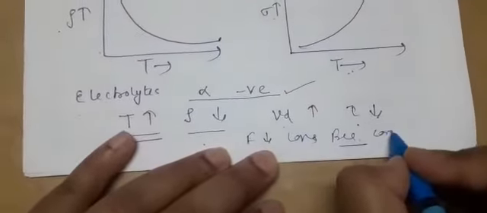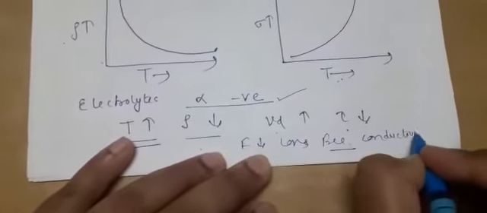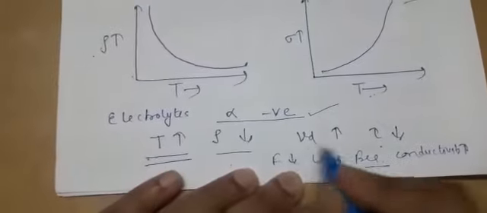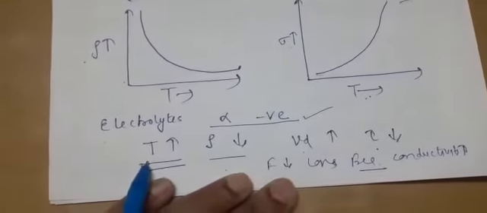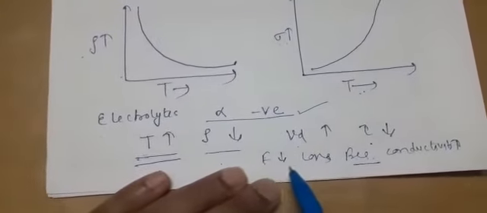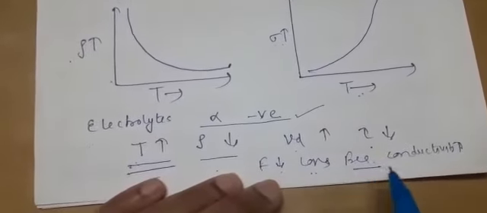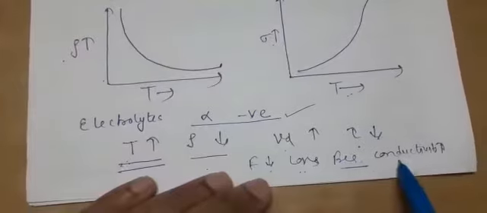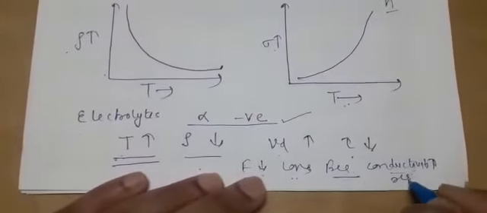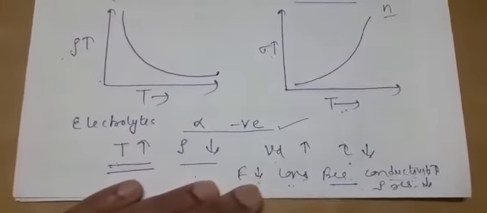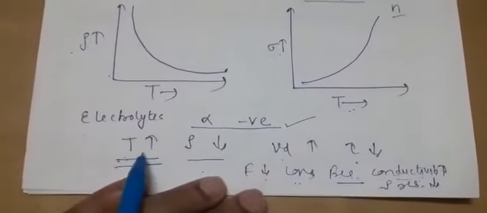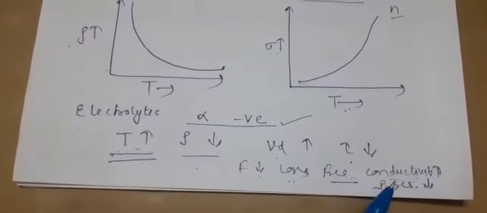It means conductivity increases. So when the temperature increases, the ions become free, their force of attraction decreases, and hence conductivity increases. When conductivity increases, resistivity decreases. So resistivity decreases with the rise of temperature of electrolytes.